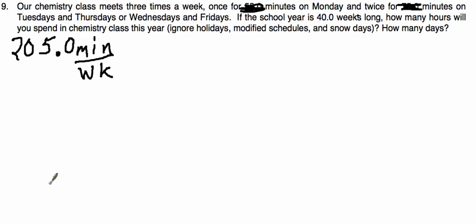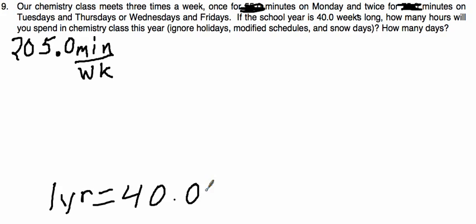If the school year is 40.0 weeks long, it's kind of nifty. Anything you can rationalize, you can turn into a conversion factor. So we have 1 year, 40 weeks. Maybe we can use that.